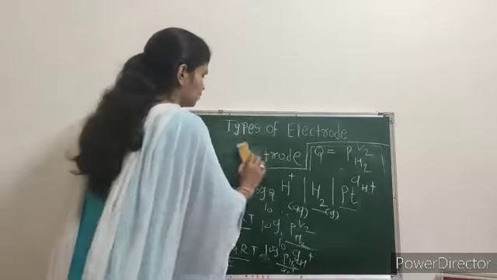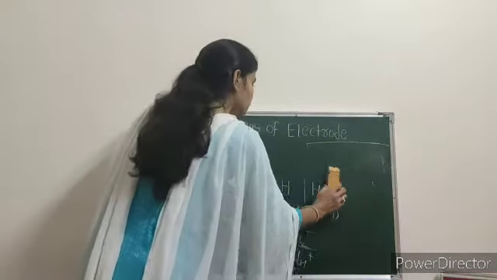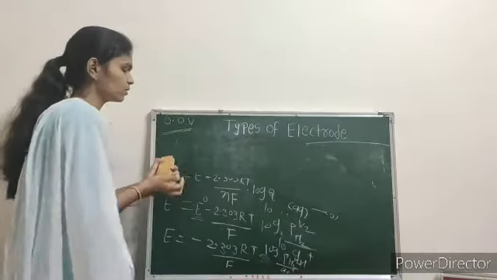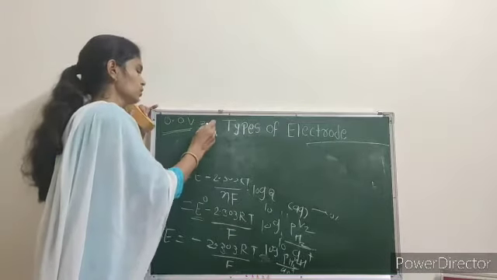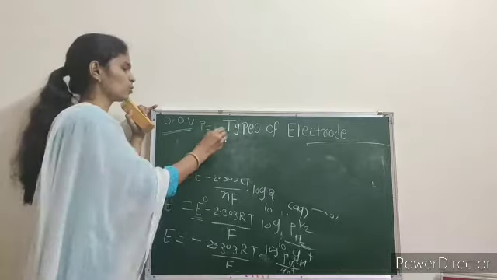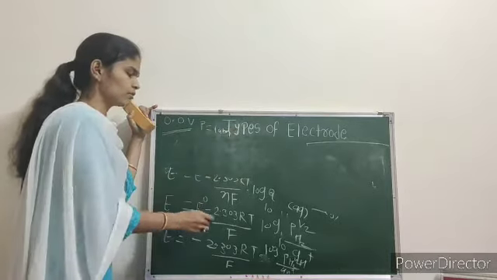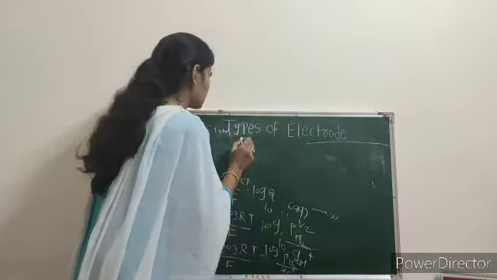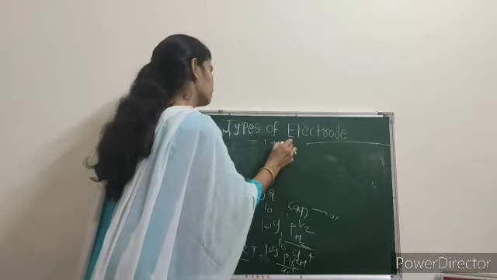Next, we know that the pressure of H2 gas is 1 atmospheric pressure. Therefore, P of H2 is equal to 1 atmosphere.